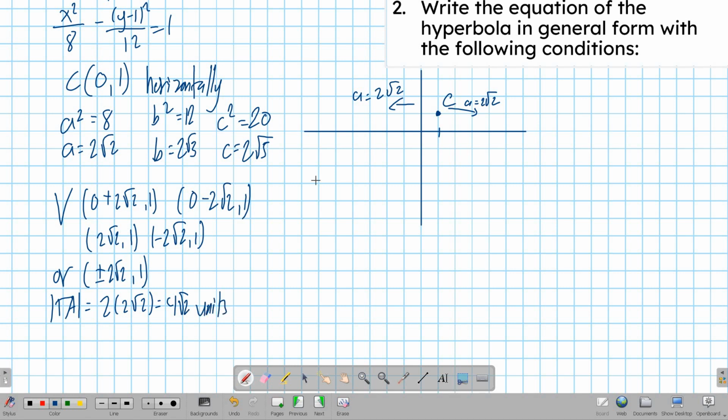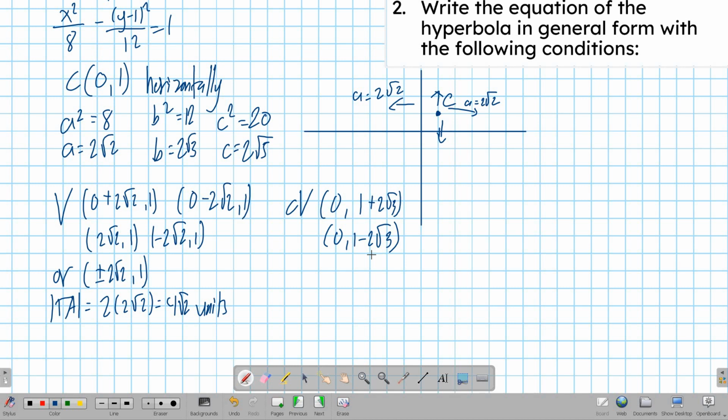Now, for our co-vertices, we move perpendicular to how we move to the vertex. So that means we go up and down from the center. That means, in this case, it's the ordinate of the center that we add 2 square root of 3, which is the value of b, and that's also where we subtract 2 square root of 3 from the ordinate of the center.